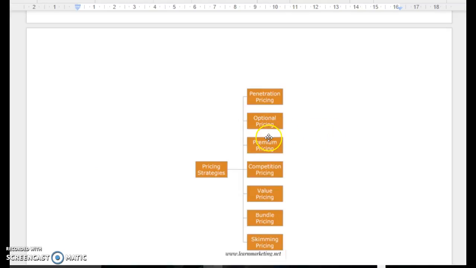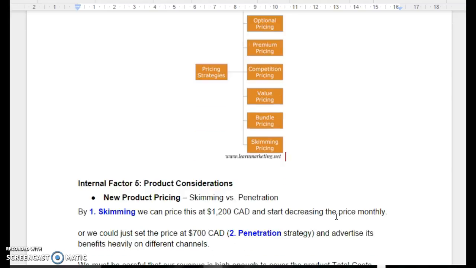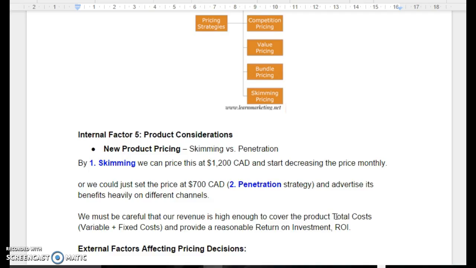We have said some of these before. I'm going to repeat: penetration pricing, optional pricing, premium pricing, competition pricing, value pricing, bundle pricing, and skimming pricing. Okay, we're going to start with the different price strategies. This belongs to the internal factors, which are product considerations.